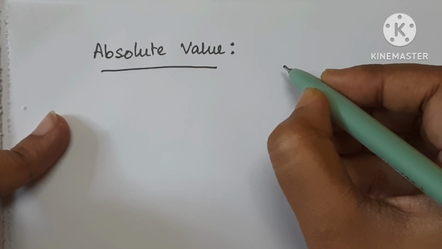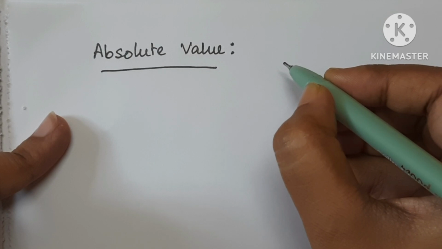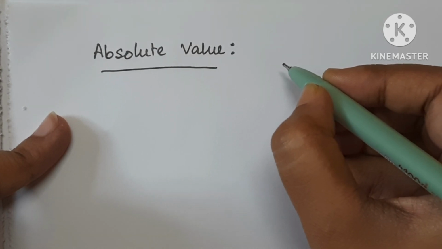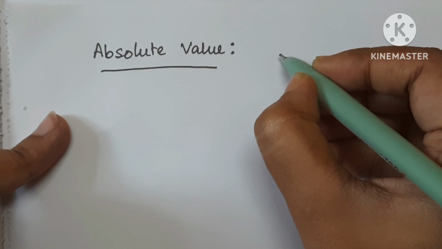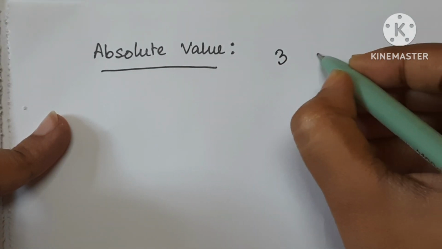In case of absolute value, we consider only the value of that number, not the symbol, whether it is a negative number or positive number. We will take only the value of that number. What it means, suppose you have chosen two numbers, 3 and -3.